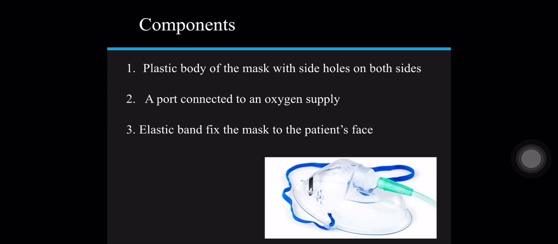And then there is a part connected to an oxygen supply, and the other thing is the elastic band that fixes the mask to the patient's face. This is important because the tightness of the face mask to the face depends on the elastic band. This in turn determines the fractional inhaled oxygen to the patient.